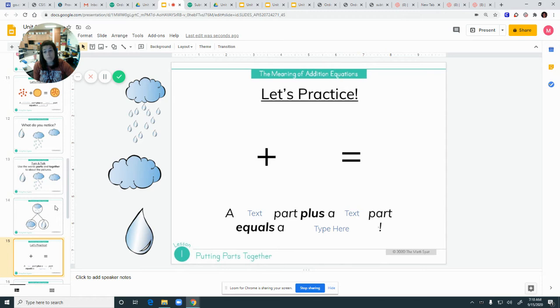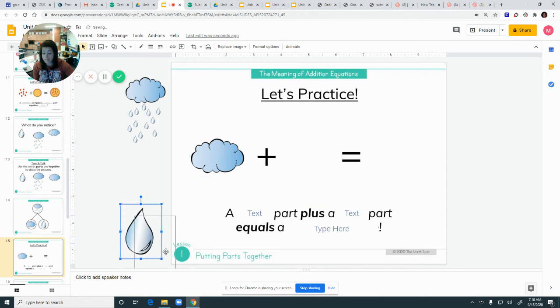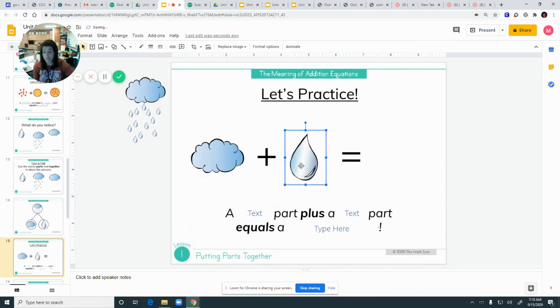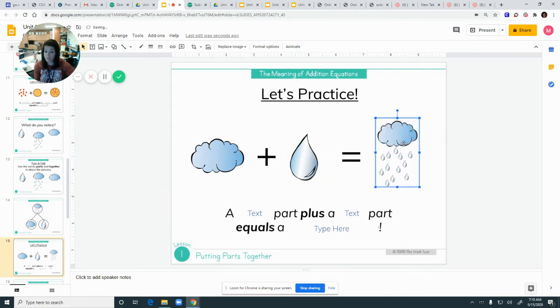What were the two parts I put together? You're right. I put a cloud plus a drop of water got me to a cloud with drops of water. Let me put that into a sentence.